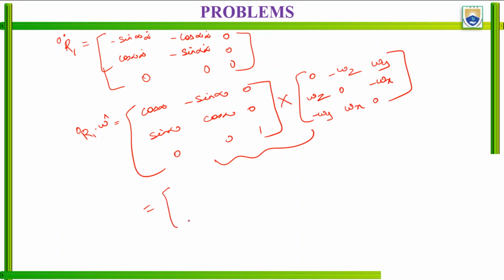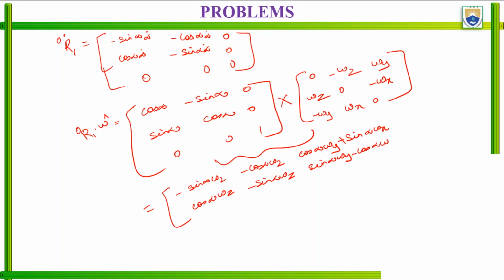So that we will be writing it as minus sin alpha omega z, minus cos alpha omega z, cos alpha omega y plus sin alpha omega x; next, cos alpha omega z, minus sin alpha omega z, sin alpha omega y minus cos alpha omega x; and this will become 0, 0 and 0. So this is how we write the matrix with respect to the angular velocity.